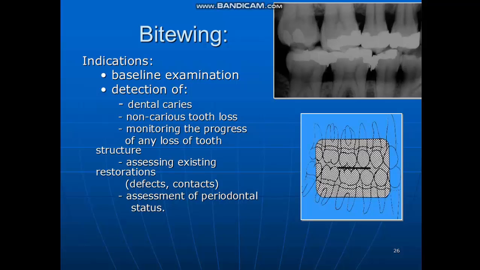The bite block on this kind of device is thicker and keeps the patient's teeth further apart, thereby limiting the anatomic coverage of the image. Also, the position of the aiming ring limits the customization of the beam angulation for the patient's anatomy.